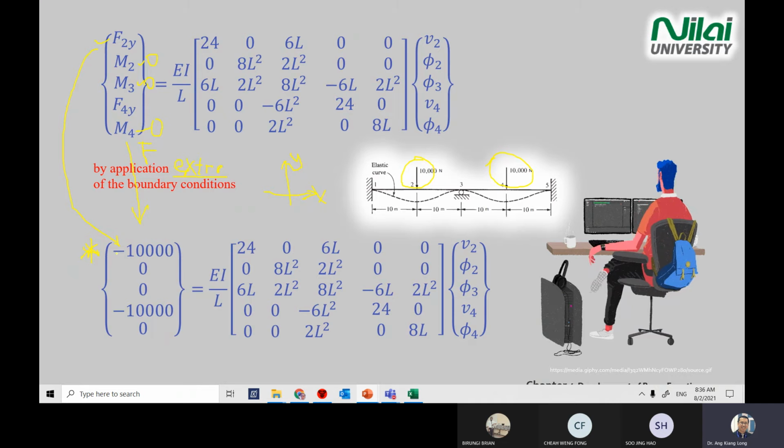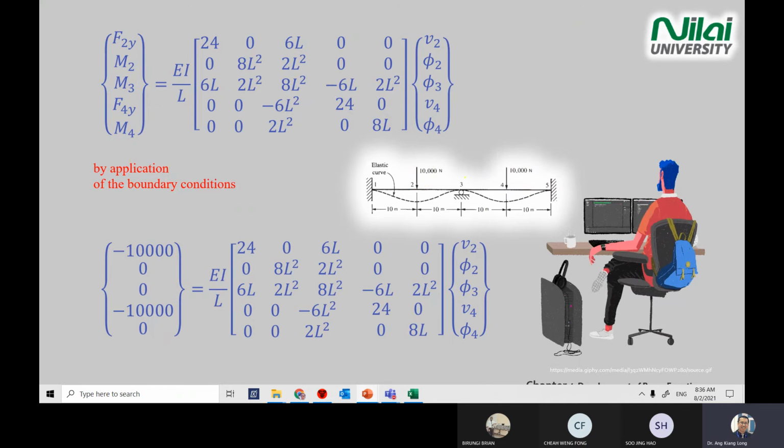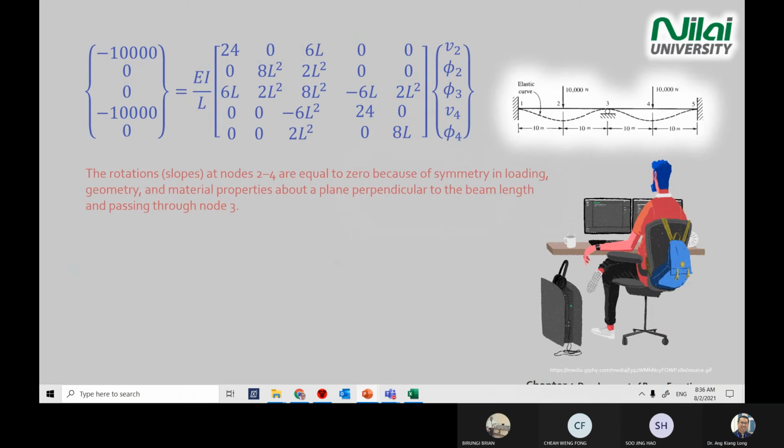So remember the force direction is negative. Same with F4, same with this value. The rest is just copy. Now you have 5 equations, so you just solve for these equations.